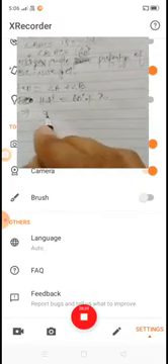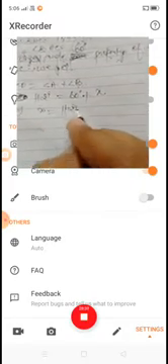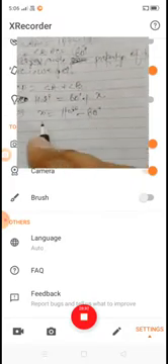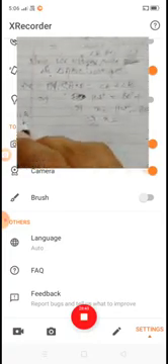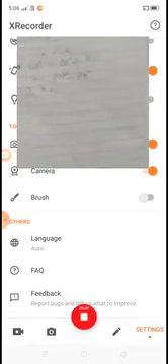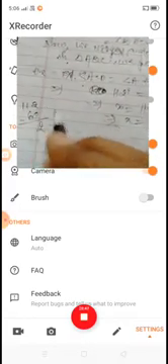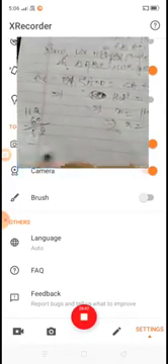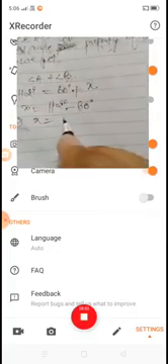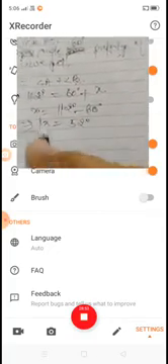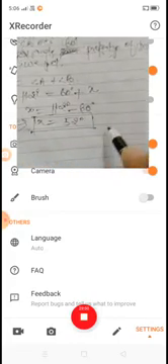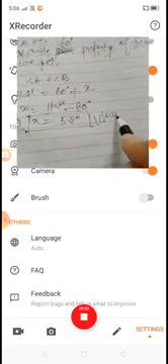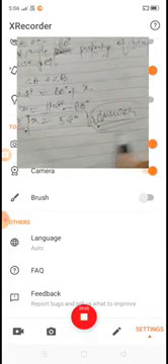So x is equal to 112 minus 60, we get 52. So the value of x is 52 degrees. That is your answer.